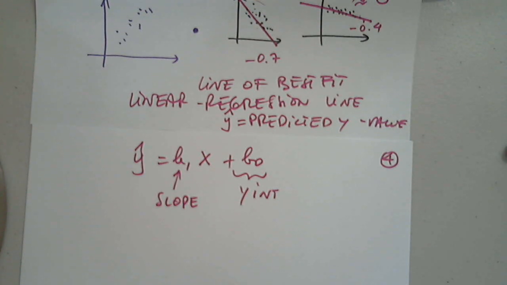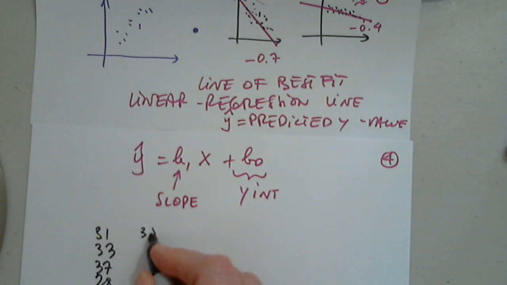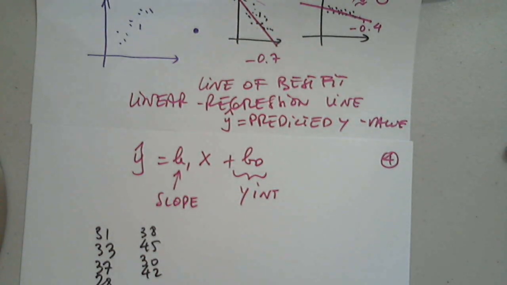Yeah, that's fine. Let me copy. We have 31, 33, 37, 28, 32, just with the first 5. 38, 45, 30, 42, and 37.